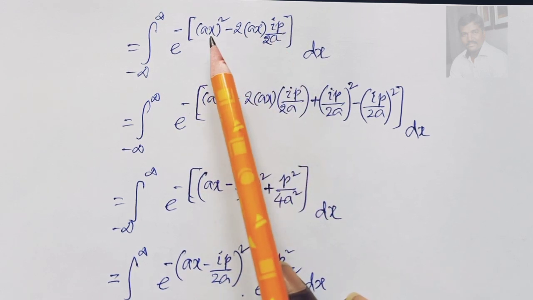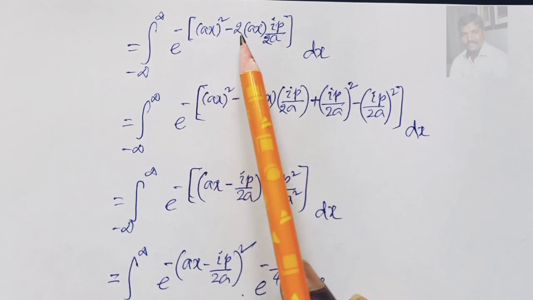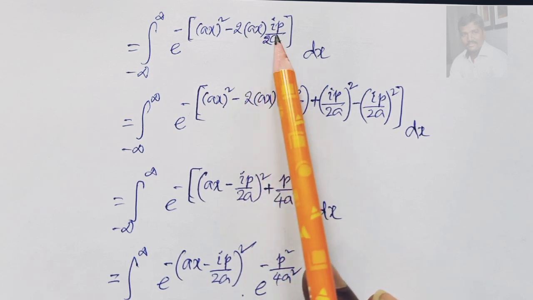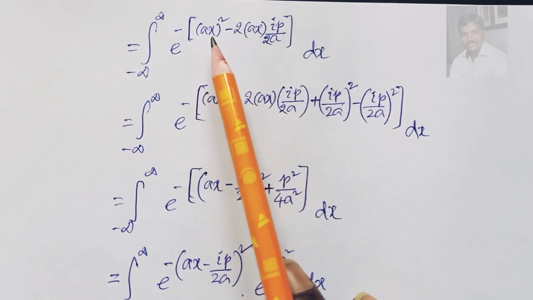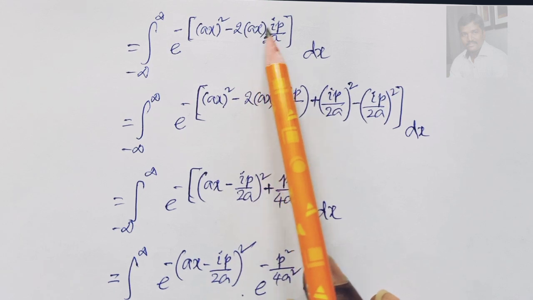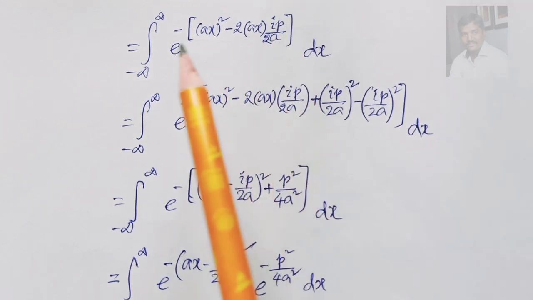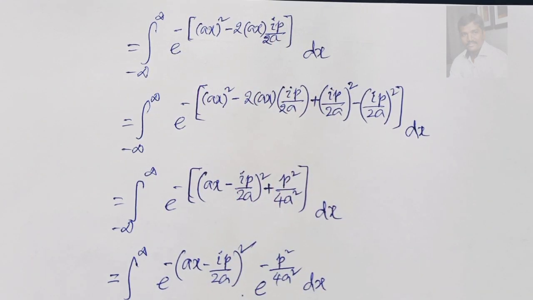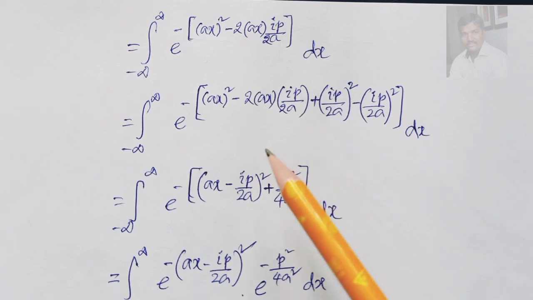You can observe this: a square minus 2ab. So if I add and subtract some value, I can write this as a minus b whole square.